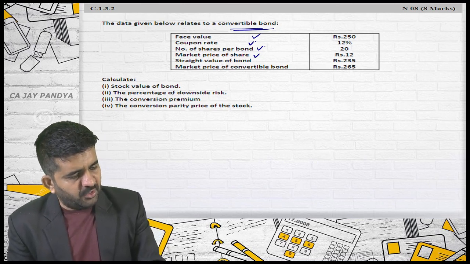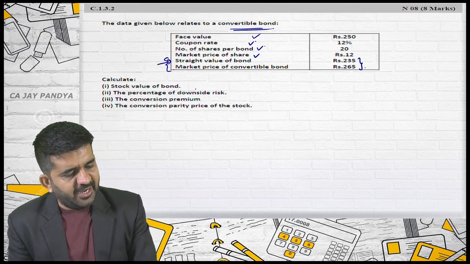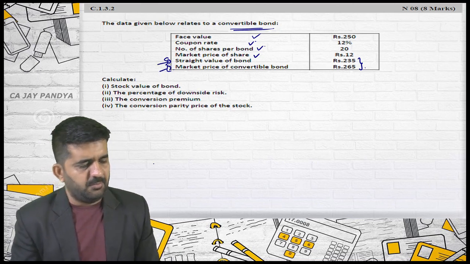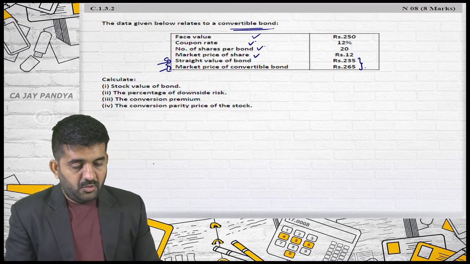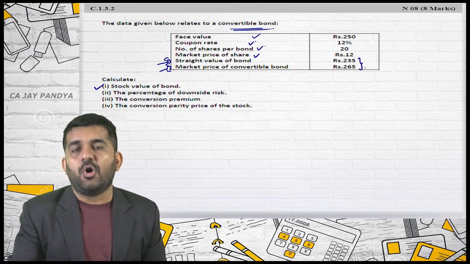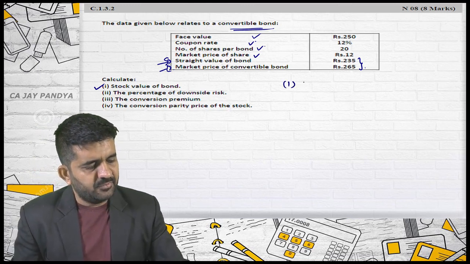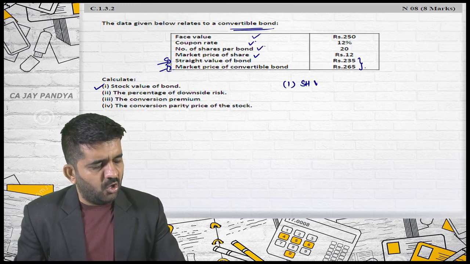Straight value of the bond, I will be telling you what is the difference between this straight value of the bond and market price of the convertible bond. Find out stock or share value of the bond. Stock is share. So answer number 1, share value of bond.